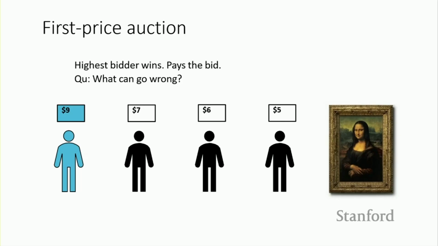You might imagine that if you deploy this, you get maybe more signal about people's actual value for the item because you would imagine or hope that they would bid something correlated with how much they actually value the item. They might not. In fact, a lot of the literature and engagement here is about what individual buyers might do in this setting and how they might try to game this system.